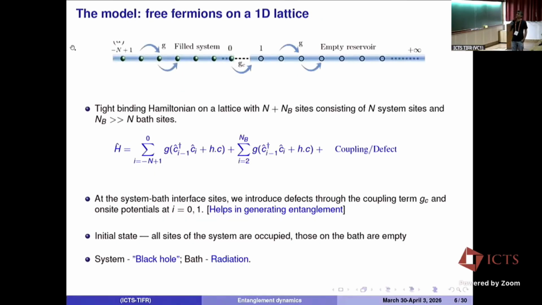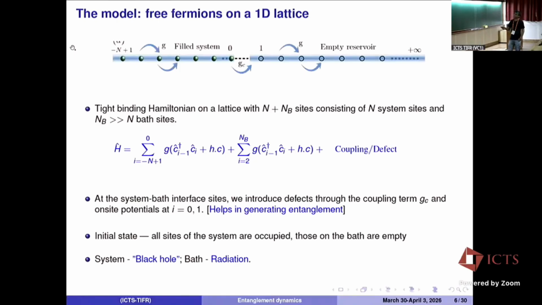Okay, so now let's discuss the model that we study. So it's just a 1D lattice. This is the Hamiltonian, just hopping with some hopping element G at every site. So this is what I'll call the system, and this is what I'll call the reservoir, right? So everywhere it's the same, except at the junction between the system and the reservoir, there's what I'll call a defect.